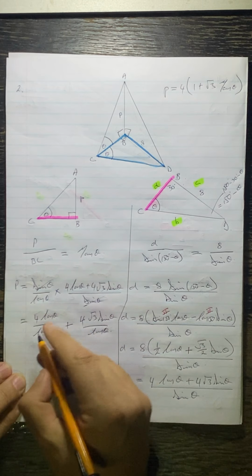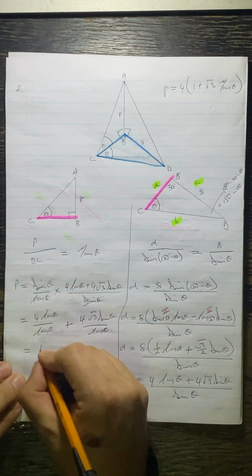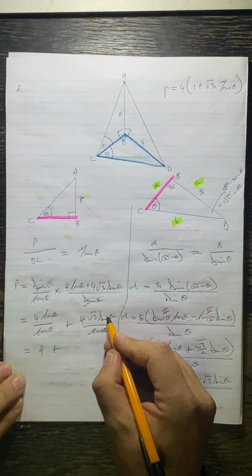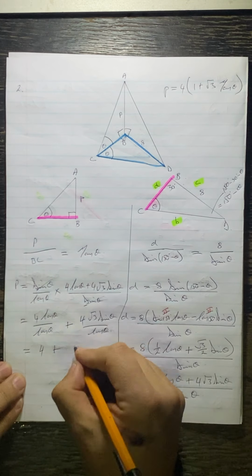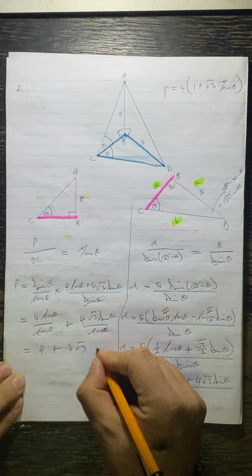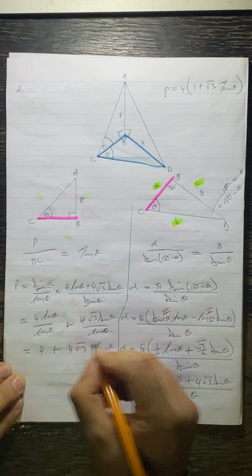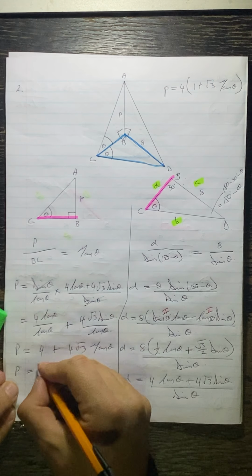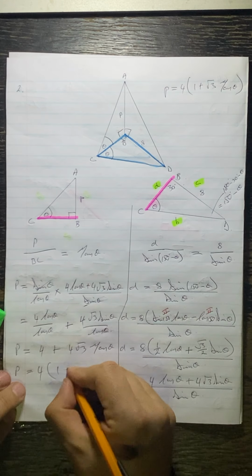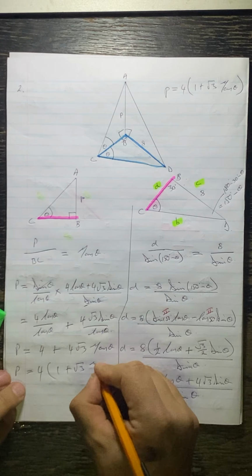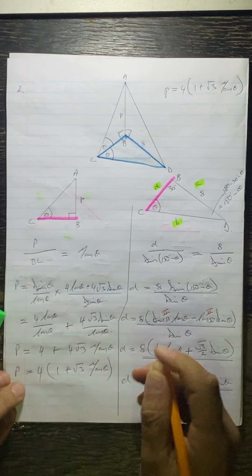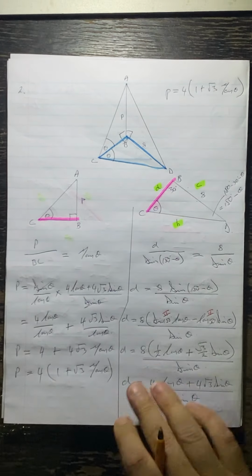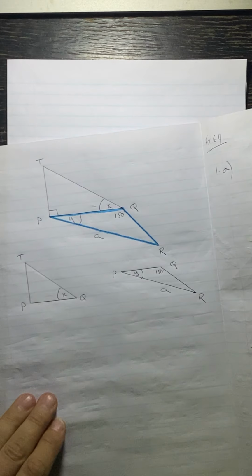This cos and this cos will cancel, and we're left with 4 plus. Sine over cos is tan, so we've got 4 root 3 tan theta. What I can do now is take out a common factor of 4, and we're left with 1 plus root 3 tan theta, which is what they wanted. Okay, going on to question 3.